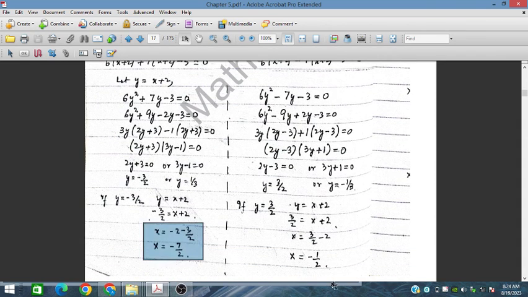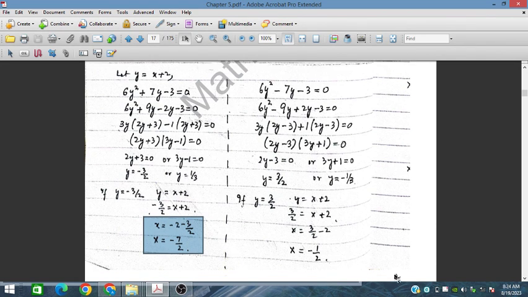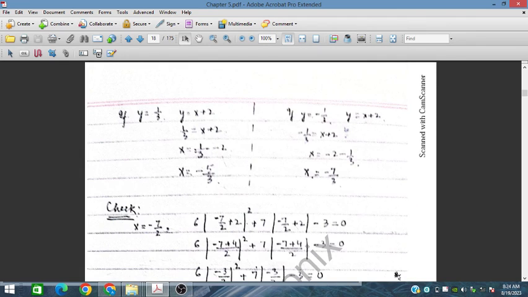So we have these two solutions from this side, and similarly for this we have these two solutions.